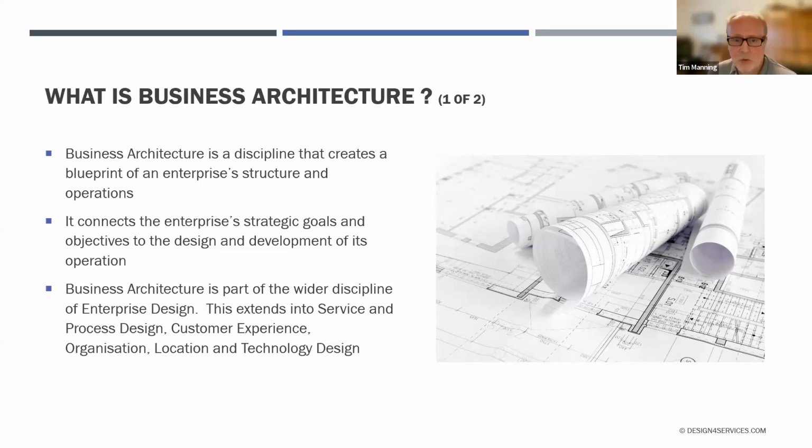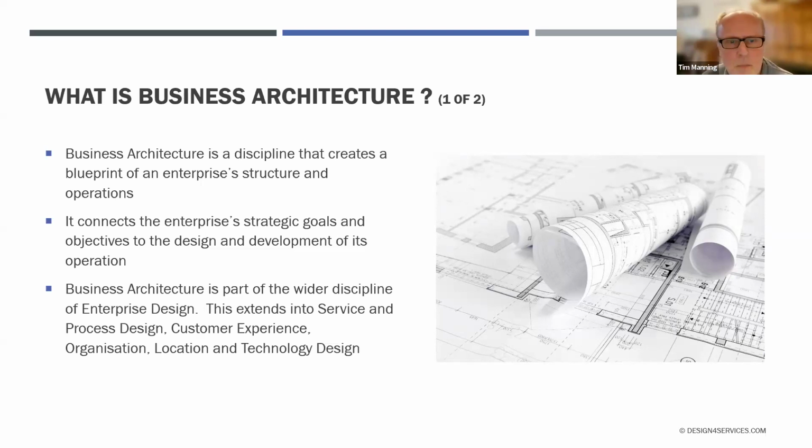And business architecture is part of the wider discipline of enterprise design, which takes you deeper and wider in the sense of you've got your structure, then you're designing your services and processes, you're designing your customer experience, you're designing the organization, the people side of things, both the structure, but also the soft aspects of the organization, the culture, etc. And the locations and technology, basically all aspects of the operating model, the design of which is encompassed within the term enterprise design.